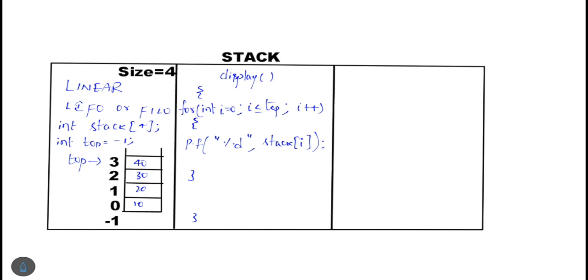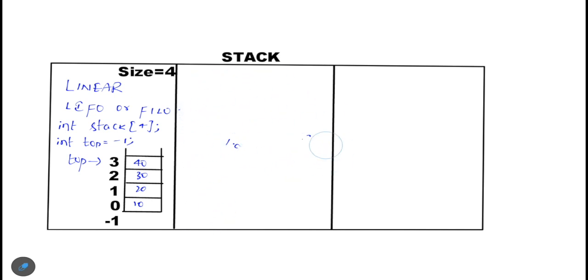And finally, let us look into the applications where we can actually apply the stack. So what are the various applications of the stack? As I already told you earlier, every individual data structure has got its own advantages and its own disadvantages, definitely. So it means that there will be a suitable area where we can apply a particular data structure.